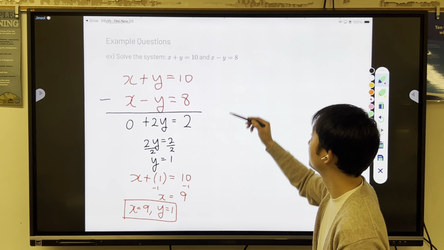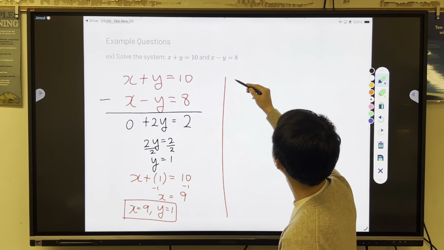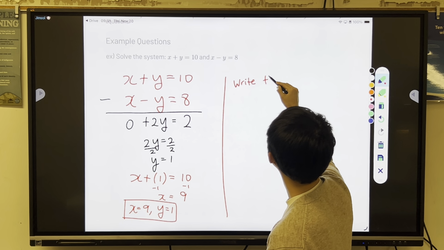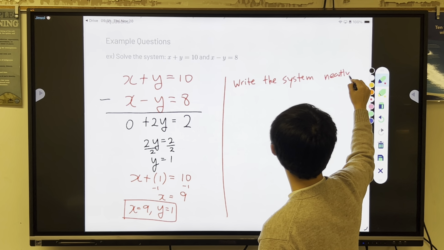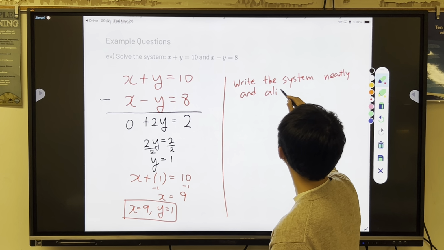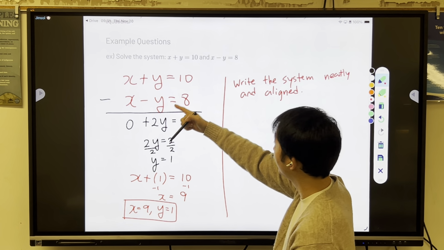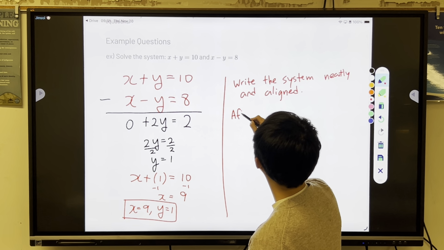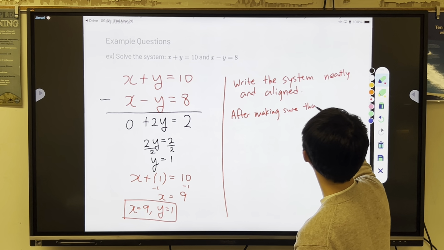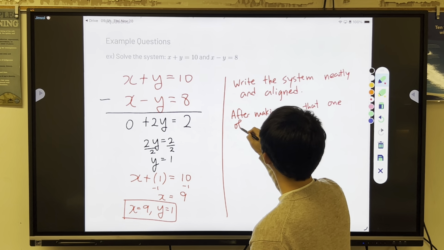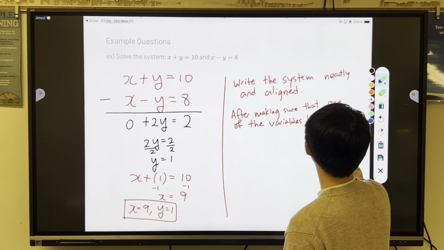Let me annotate the process here. The first thing is to write the system neatly and aligned. Afterwards, I subtract, after making sure that one of the variables has matching coefficients.